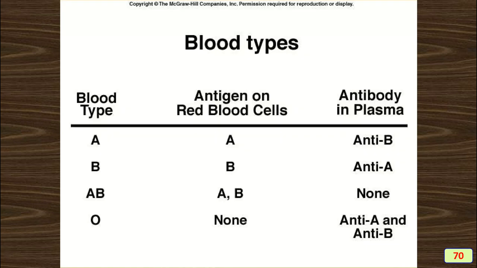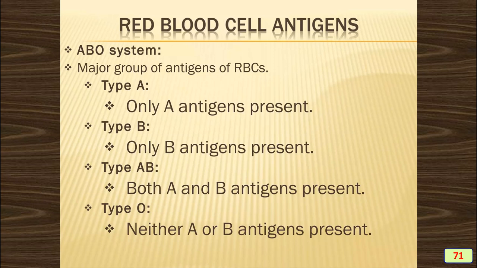Once again, blood types are ABO, and the antigens on the red blood cells will be different, and the different types of blood will be given to the specific type of individuals after matching with the original donor.